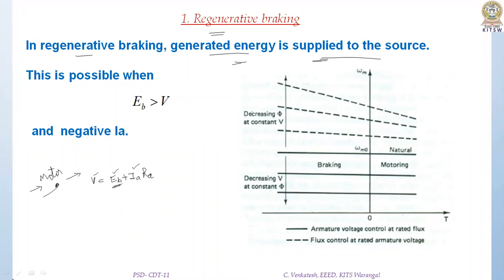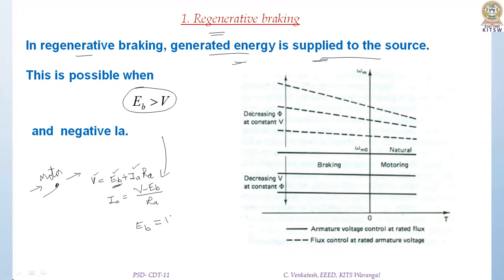If by chance EB becomes greater than the voltage, then current becomes negative. Here IA is equal to (V minus EB) divided by RA. So if EB is greater than V, then current becomes negative. When does EB become greater than V? There are many possibilities.